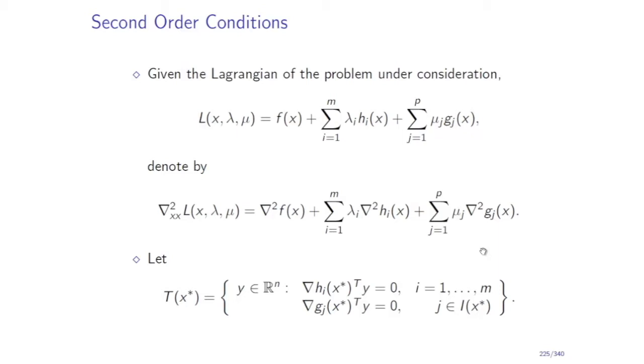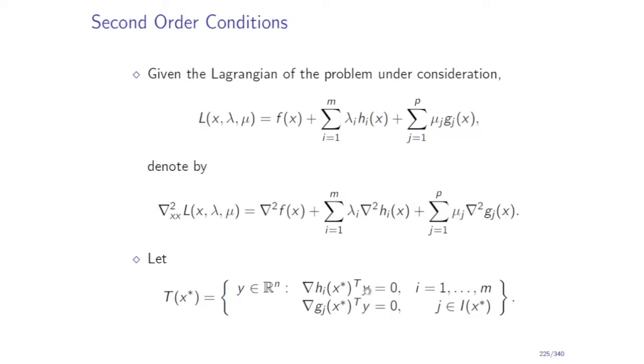Therefore, the tangent space that we define here is as follows. T of x star will be given by the set of y's such that essentially the Jacobian of the functions corresponding to only active constraints times y is equal to 0.